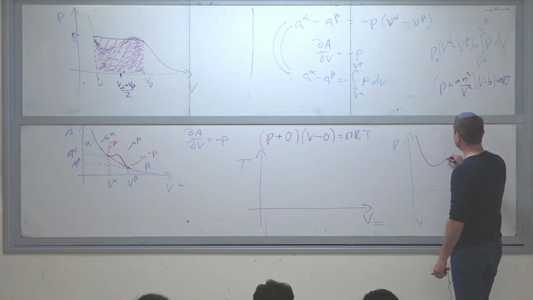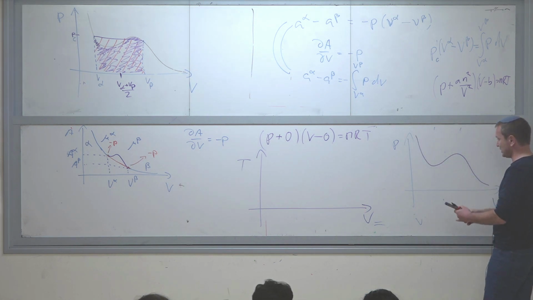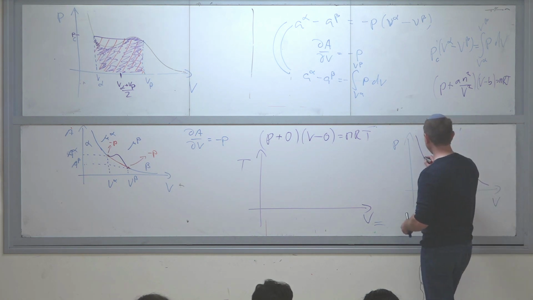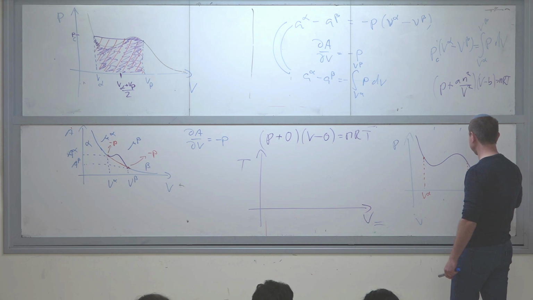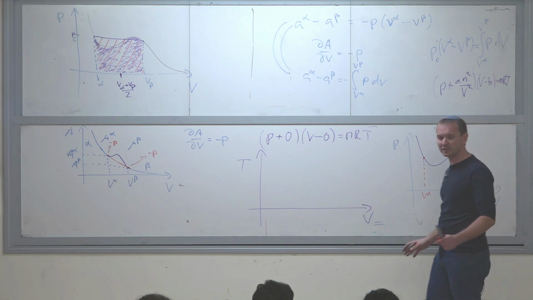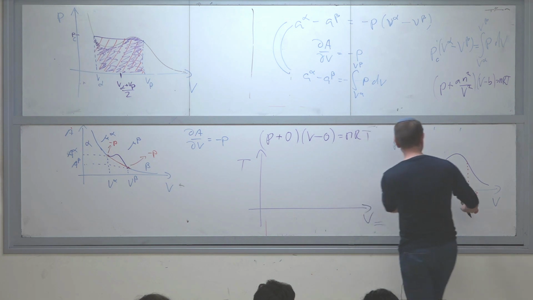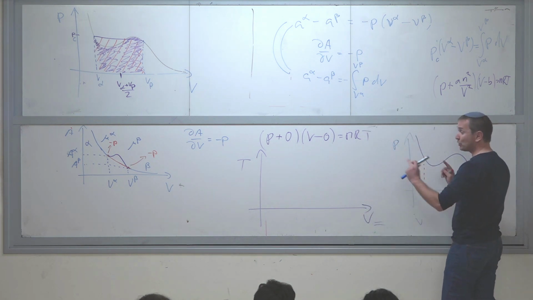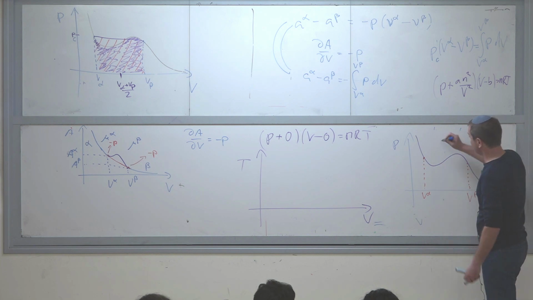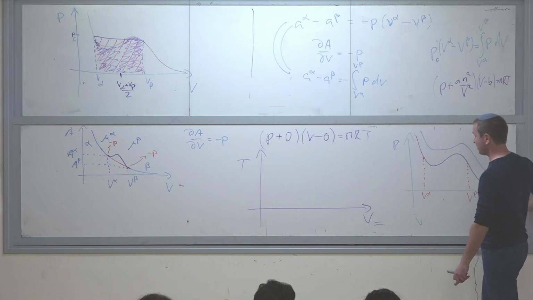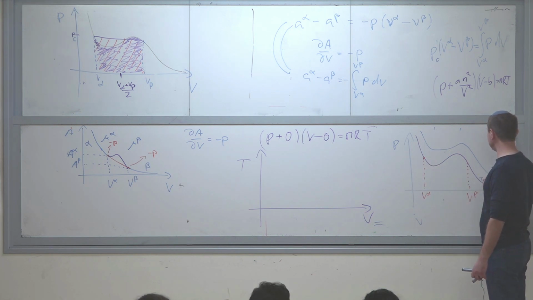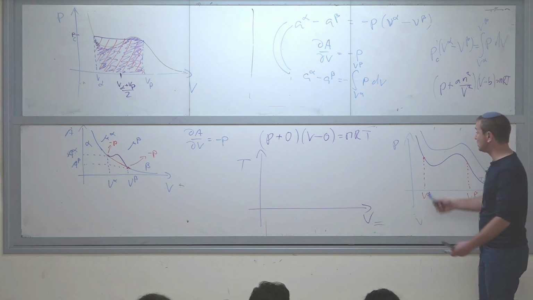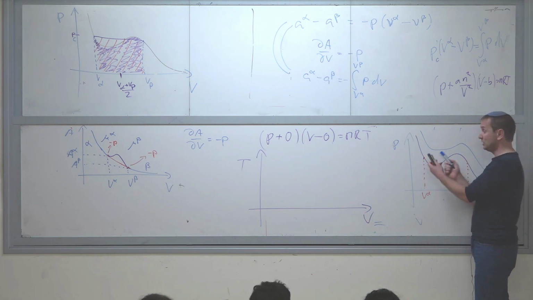Let's assume for this isotherm, I found V alpha and V beta using the Maxwell construction. Then, for each temperature, I can have a different isotherm, like this one. For this one, there are going to be different V alpha and different V beta, because here is T1, here is T2. There are differences in temperatures, then there are differences in pressures, critical pressures, and critical volumes.